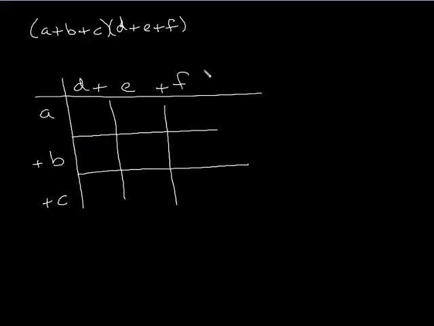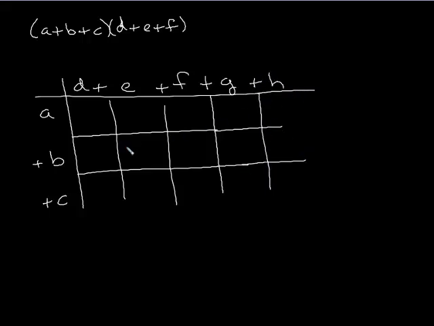And if I want to make this a plus G, then I add another column. Or plus H, I can add another column. So it doesn't get as crazy keeping track of everything. But you can use either method. I just recommend the table because it helps you to make sure you've multiplied everything.